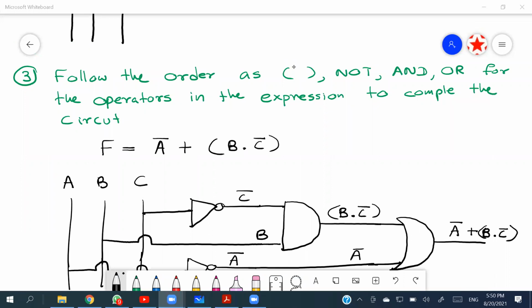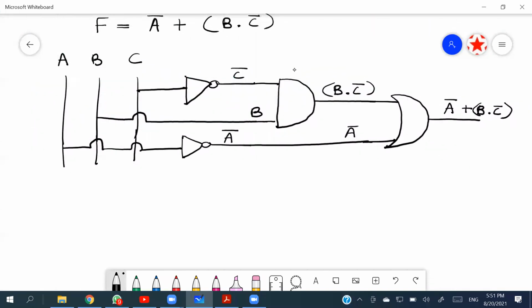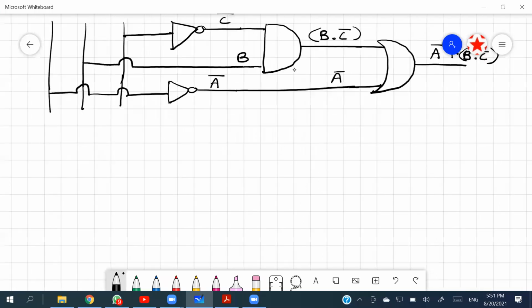Right, great. Okay, so today we are going to practice some of these circuits. I'll give you some expressions and you will draw the circuits, and I'll draw them back on this whiteboard so you can see whether you have made any mistakes or not, right? So here comes the question.